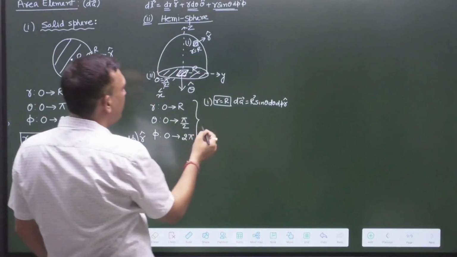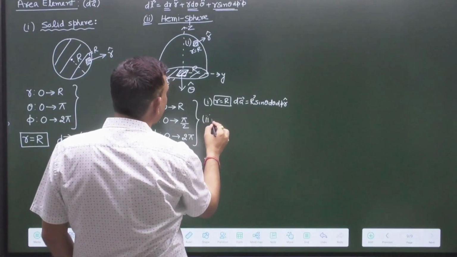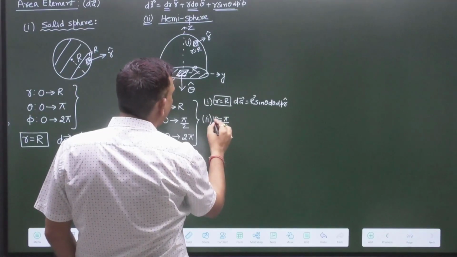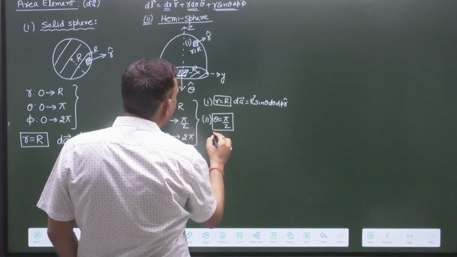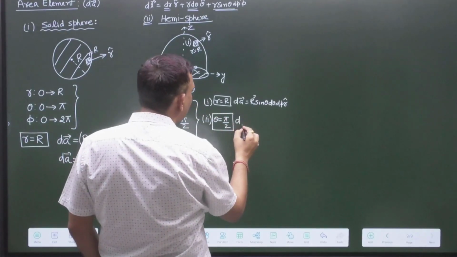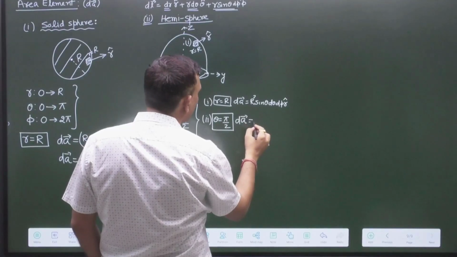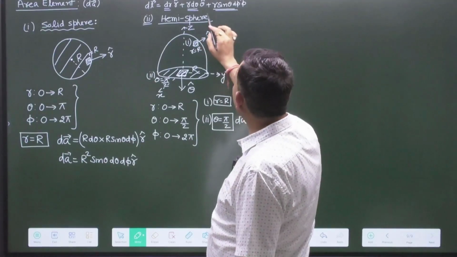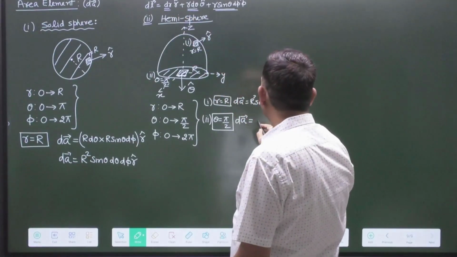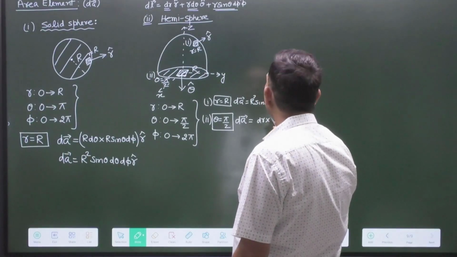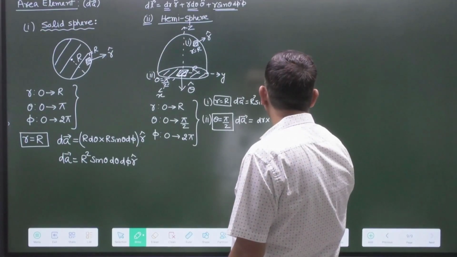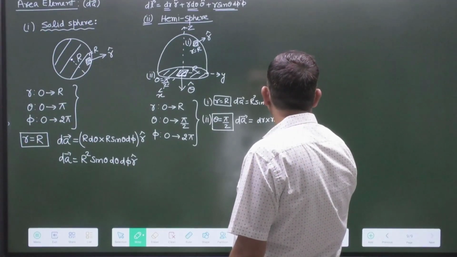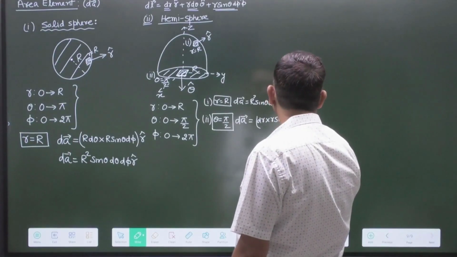So that's why this direction is theta cap. Theta is fixed. So what will be dA for surface 2? Theta is pi by 2. So when theta is fixed, the variables are r and phi. So you will get dr into r sin pi by 2 d phi, and the direction is theta.